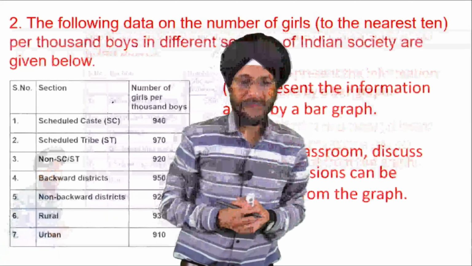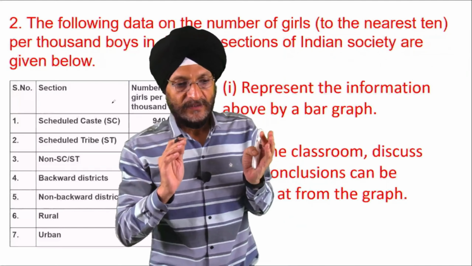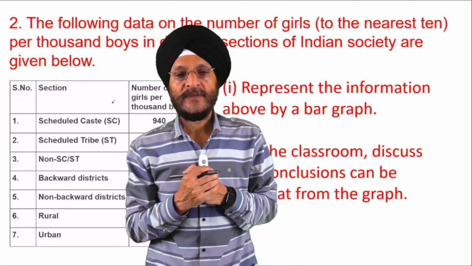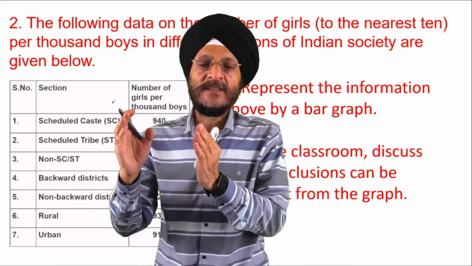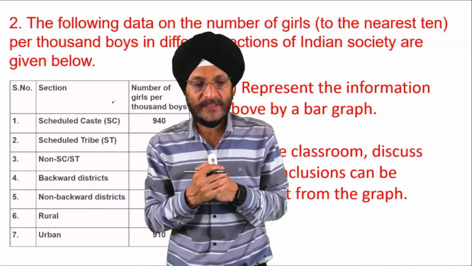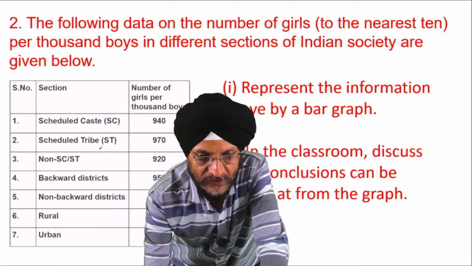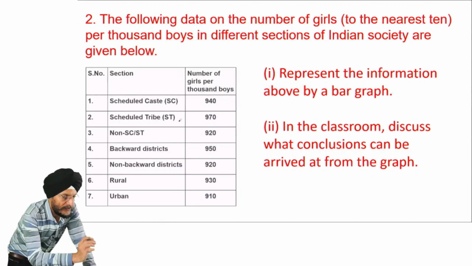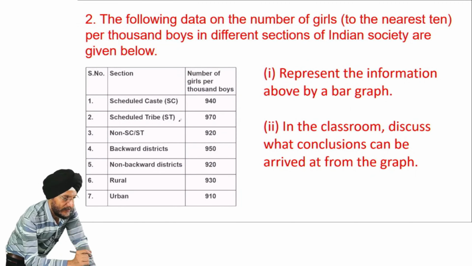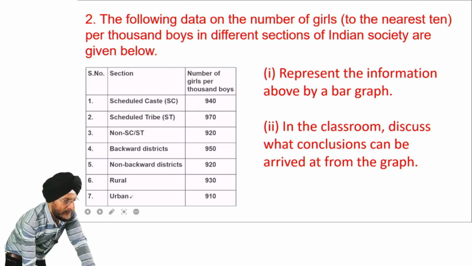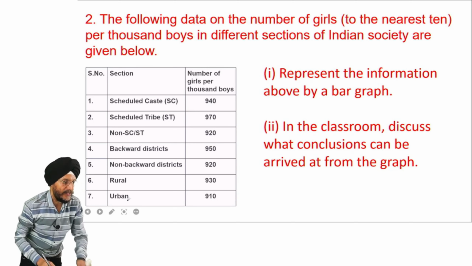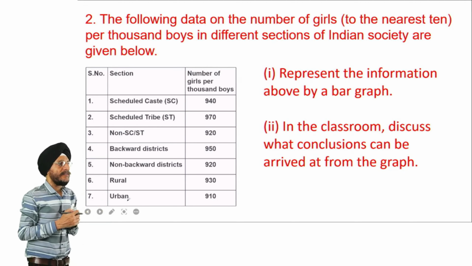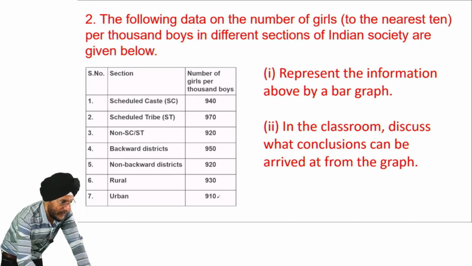If we take the section of scheduled caste, when the number of boys is 1000, the number of girls is only 940. When we talk about ST, when the number of boys is 1000, the girls are 970. In the same way, in the urban area, when the number of boys is 1000, the girls are even fewer, that is 910.